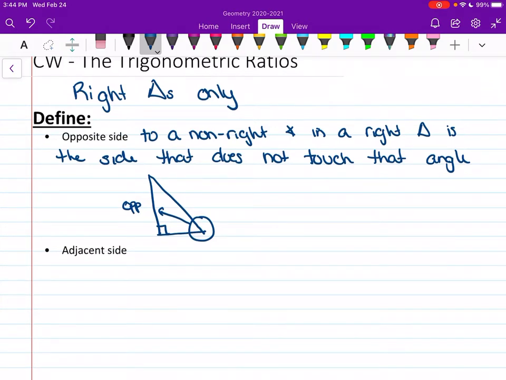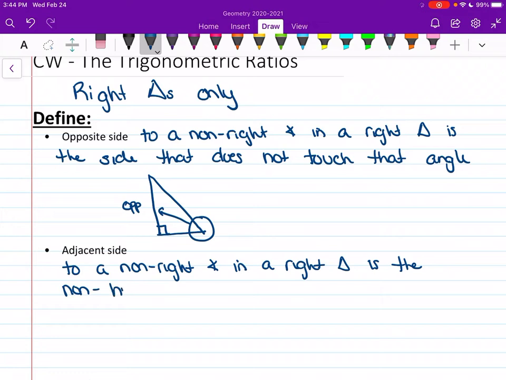The adjacent side to a non-right angle in a right triangle is the non-hypotenuse side that creates the angle.